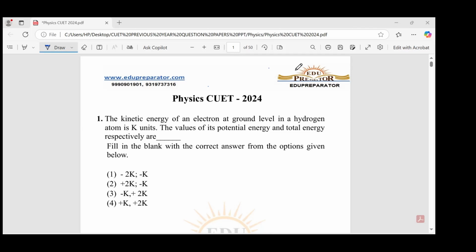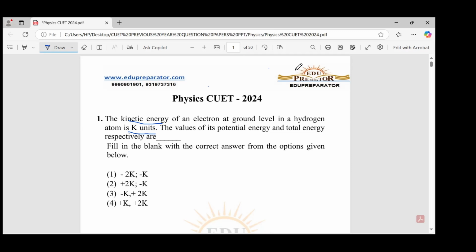So let's move to question number 1. Question number 1 is from the chapter Atom, and we know that kinetic energy, potential energy, and total energy are related to each other. This question says the kinetic energy of the electron is k units, and we know that kinetic energy and total energy are equal but opposite in sign.